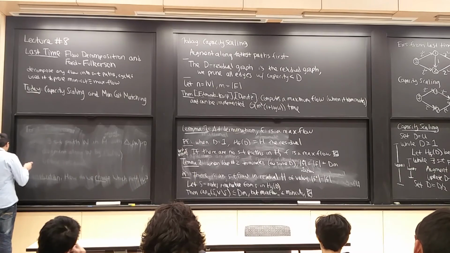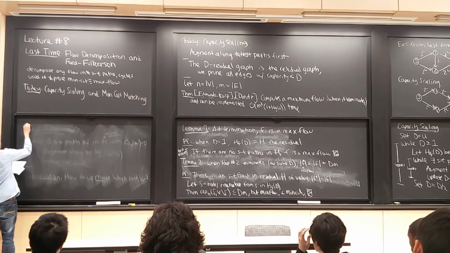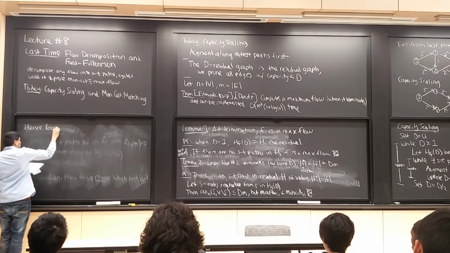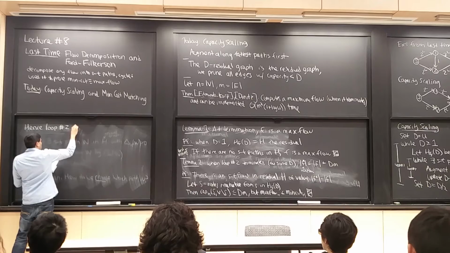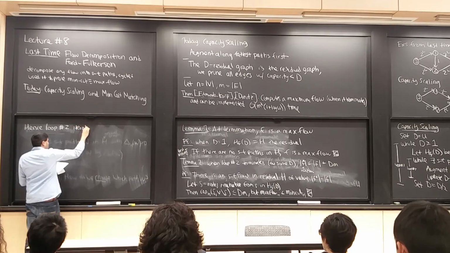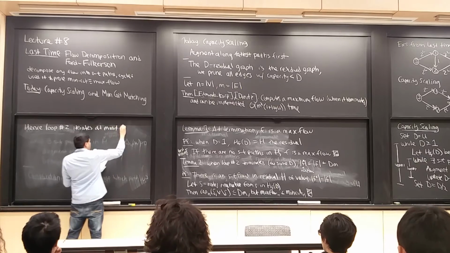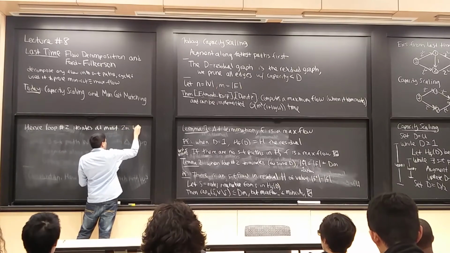All right, so let's put it all together. What I claim is loop number 2 iterates at most 2m times.